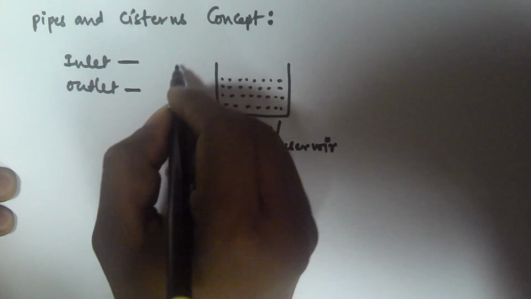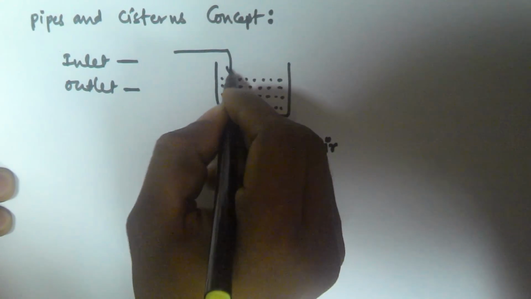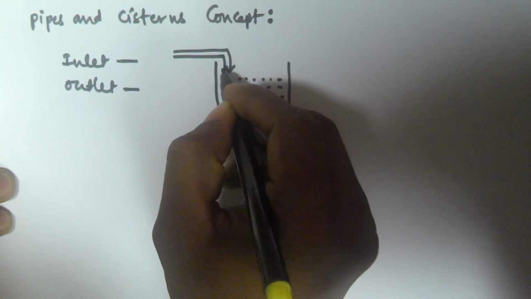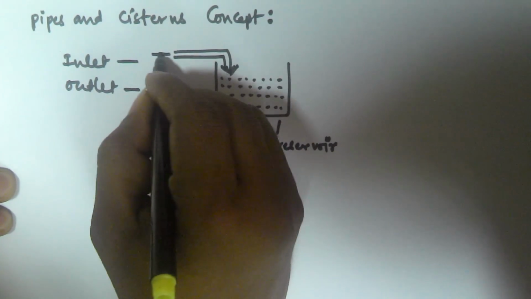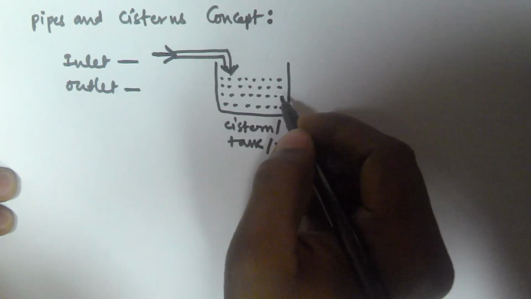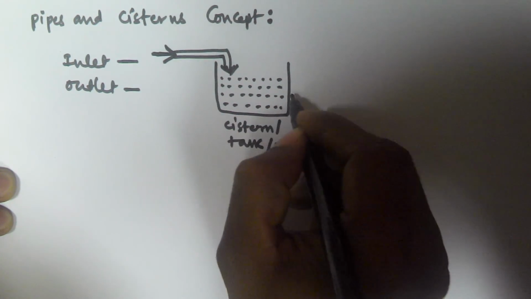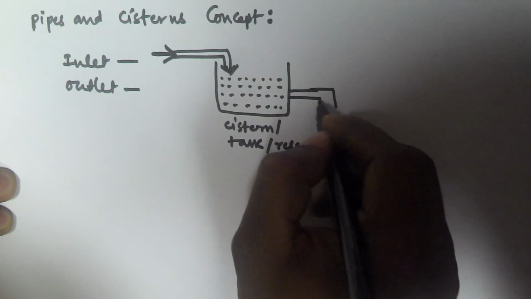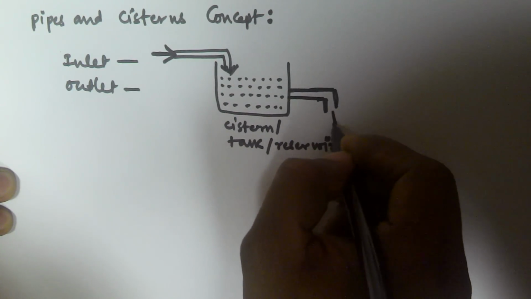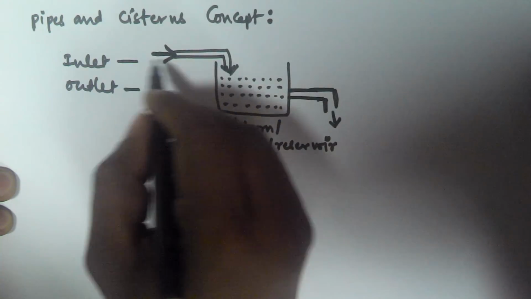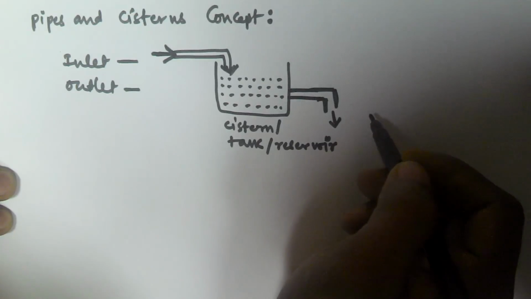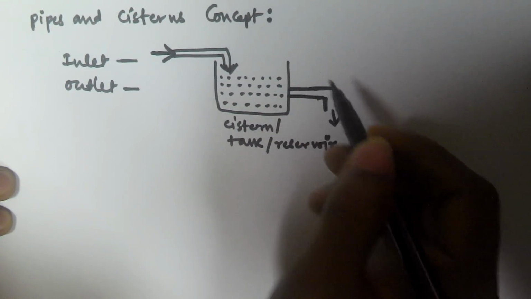So inlet is filling the liquid into the cistern, and outlet is emptying it. That means inlet is inputting and outlet is outputting the liquid from the cistern. I hope you got this one.